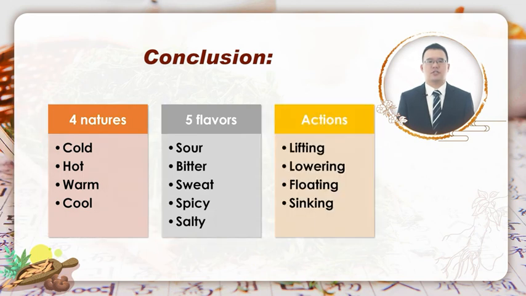There are actions of lifting, lowering, floating, and sinking, which are the moving direction tendency of herbs. The nature, flavor, and actions of lifting, lowering, floating, and sinking are medicinal properties of each herb. Just like everyone must have his gender, weight, height, and age, etc.